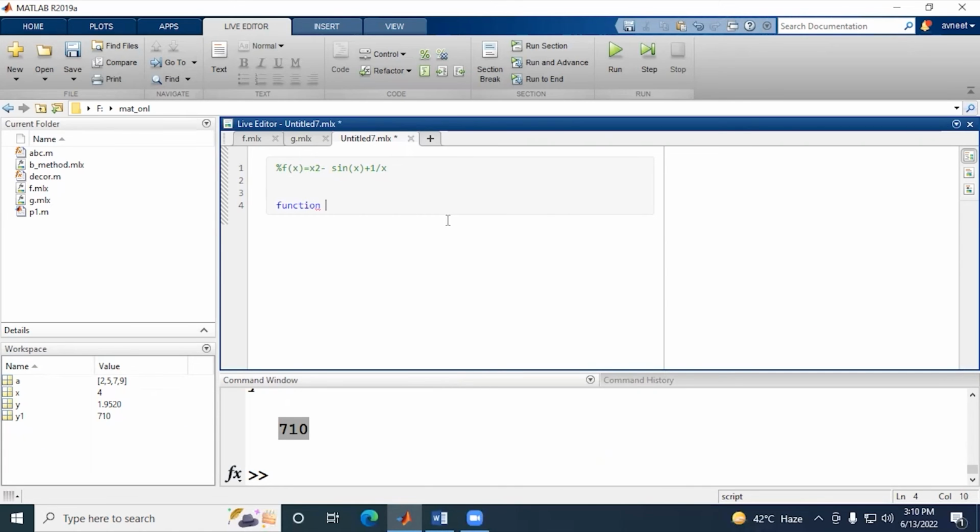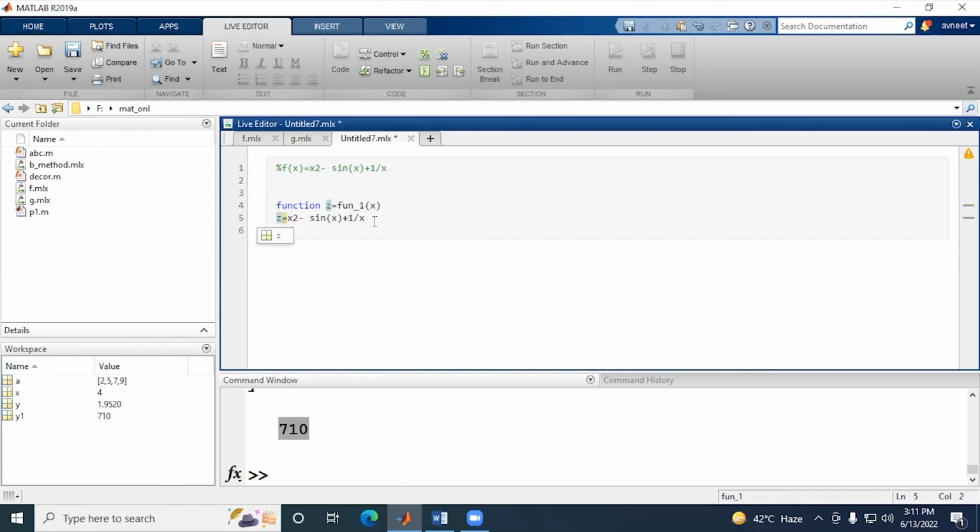Function, the keyword. Now again, let's say z is equals to fun underscore 1. This is my function name. And next thing is fun1 and how many input arguments? Only one. Okay. X. Only x is the variable here. So this is the only input argument. Now you're going to paste it here, but our output argument is z.